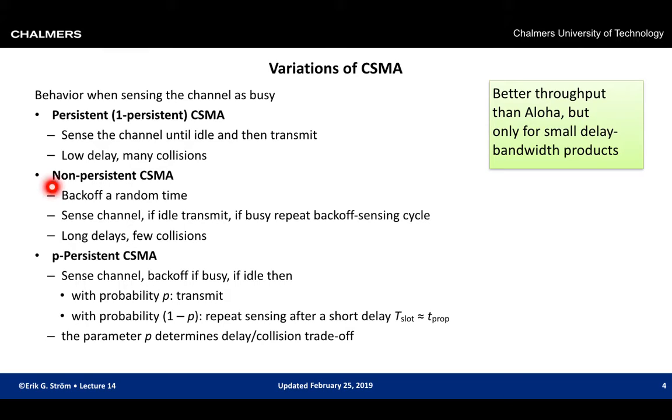Okay, so if this is the aggressive method, then let's look at the very polite method, which is called non-persistent CSMA. Basically, when the channel is perceived to be busy, one backs off for a random time, and this random time is fairly long, right?